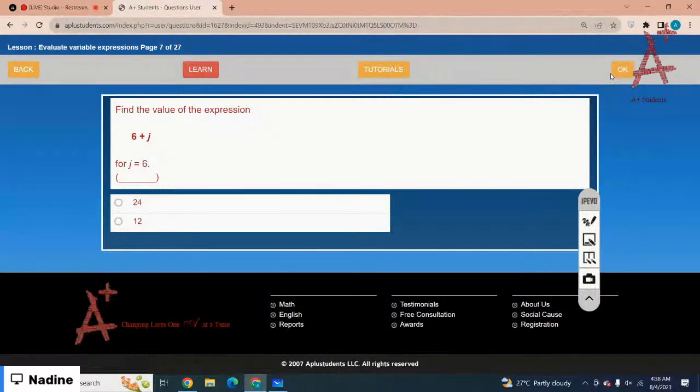Find the value of the expression 6 plus j. So which is the correct option? The correct option is 12. We have to add 6 plus 6 makes 12.